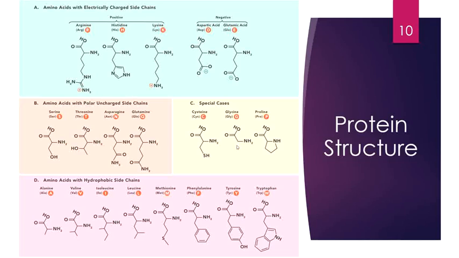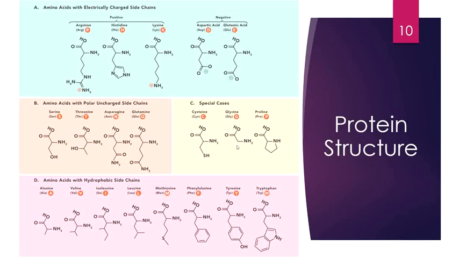Whereas proline, now there is some common feature in every amino acid. The common feature is what you told a little bit earlier: they have a carboxylic group and they have an amino group, right? Yes. But proline is the only amino acid which does not have a free amino group.